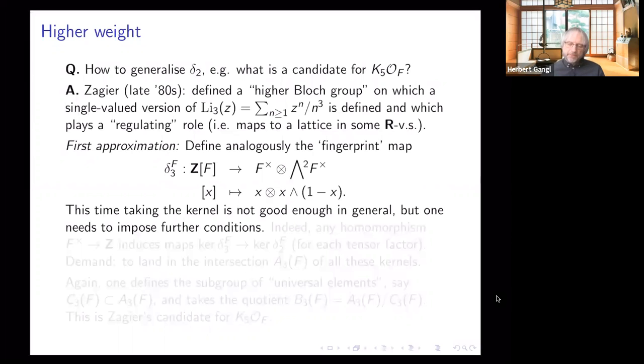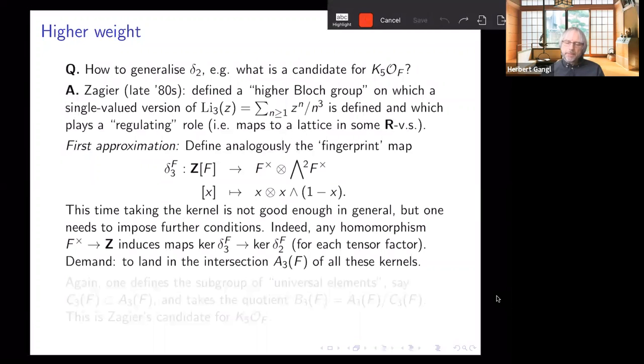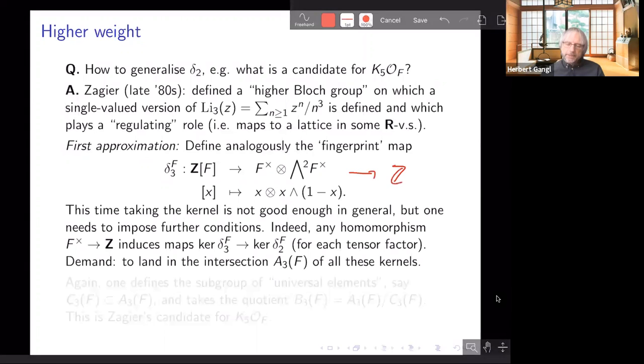And the further conditions come from the fact that any homomorphism from F cross to Z would map from here to Z tensor lambda 2 F cross, which we can identify with lambda 2 F cross, tensor over Z. So each such homomorphism induces a map from the kernel of this delta 3 to the kernel of delta 2. And we can do that for each tensor factor.